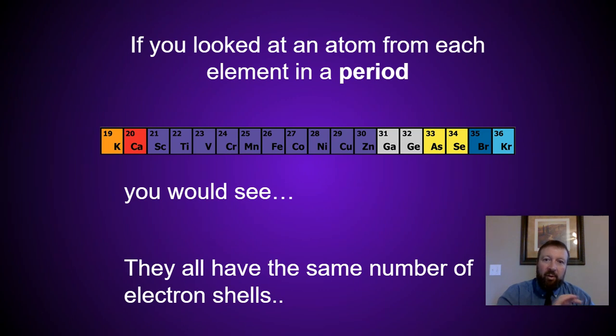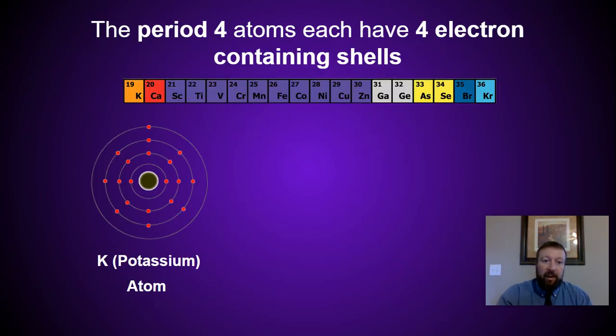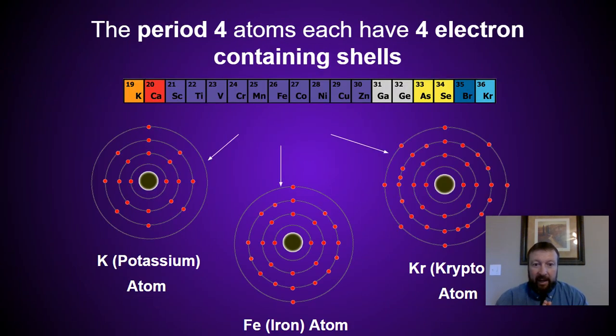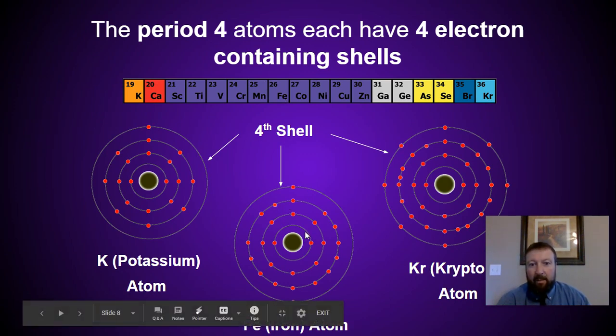If you go across a row and look at the period, what is similar about those is that they all have the same number of shells, or energy levels, basically the same number of circles that you put around a Bohr model. So if we look at potassium, iron, and krypton, potassium up here at 19, then iron at 26, and then krypton at the end at 36, all getting bigger, which means more electrons.